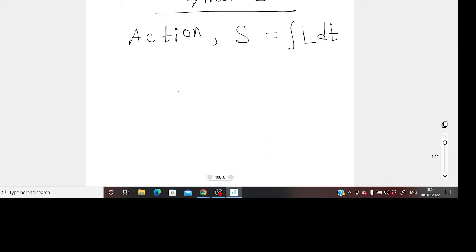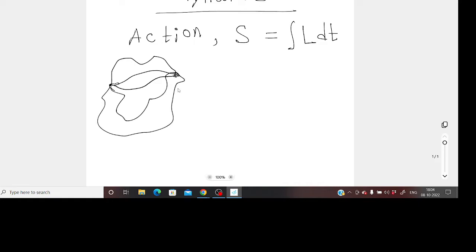Now let's say there are some paths. These are some paths, and this is the initial position and this is the final position. So the arrows are like this.